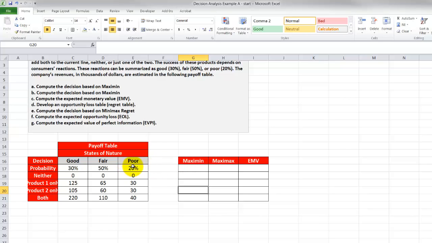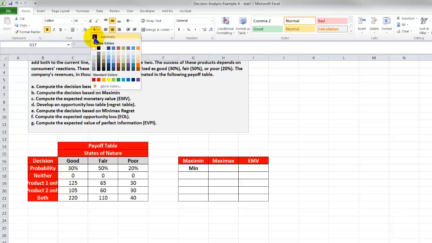The first thing we've got to do is understand the approach of the Maxi-Min. The first thing we need to do is actually calculate a min based on the payoff table. So just for notes, I'm going to go ahead and write min, and it seems I've got this formatted as white text. Let's go ahead and change that.